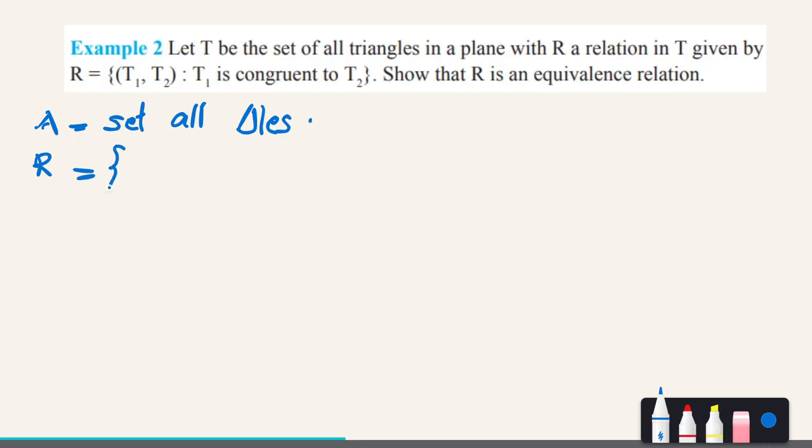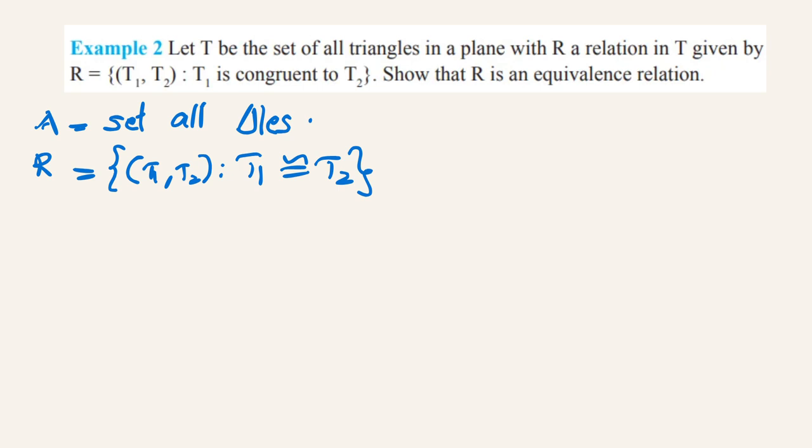The relation also you have to write down. Show that R is an equivalence relation. If a relation is equivalence, it should satisfy the conditions of reflexive, symmetric and transitive.